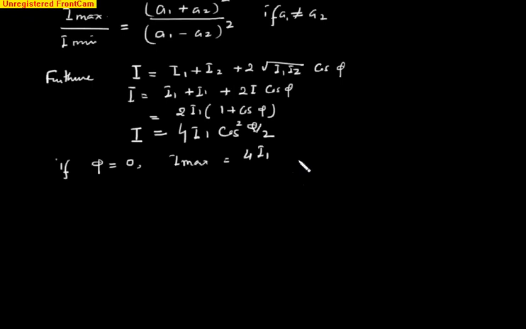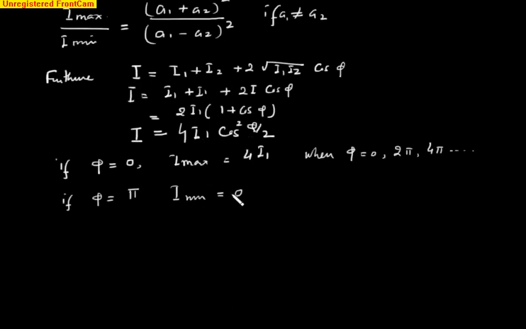It will happen when phi is 0, or you can say 2 pi, or further 4 pi, and so on. But if phi is, let us say, pi, in that case I minimum will be equal to 0, because cos 90 will be 0 and everything will be 0.